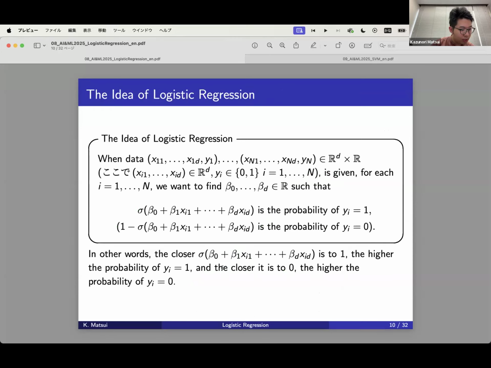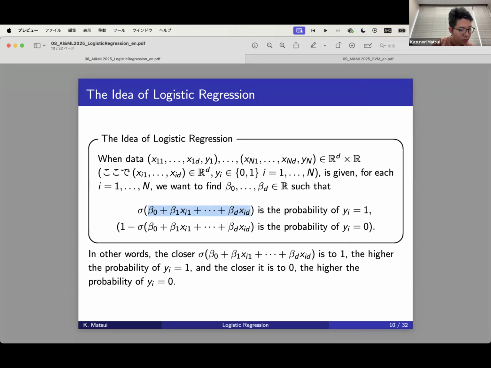So data is given, and we calculate like linear regression: beta 0 plus beta 1 xi1 plus up to beta d xid. Then we put this into sigma. This gives us a value between 0 and 1.